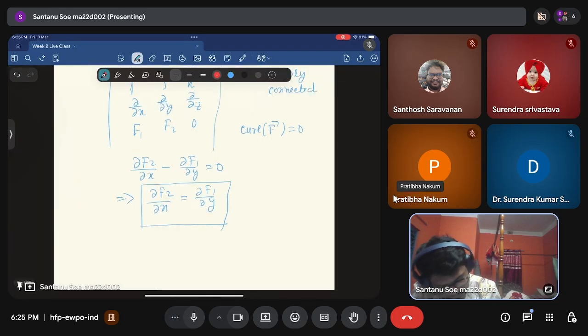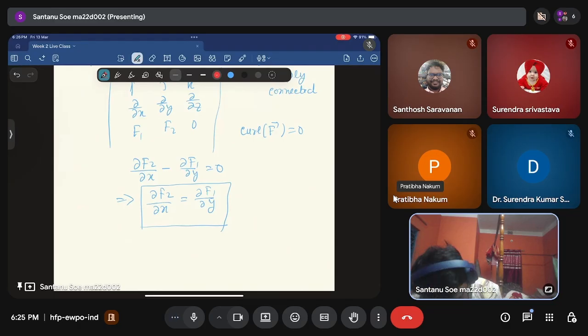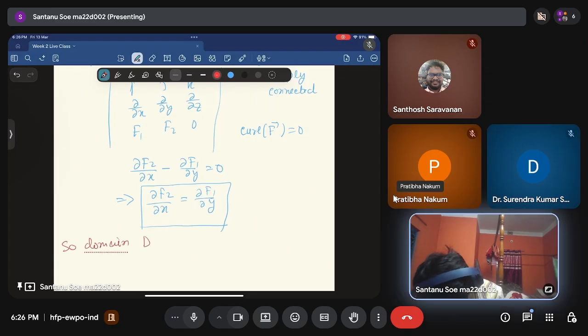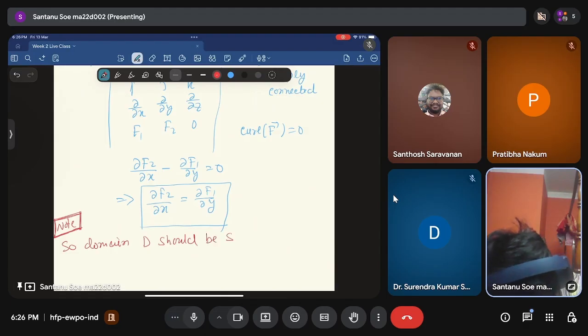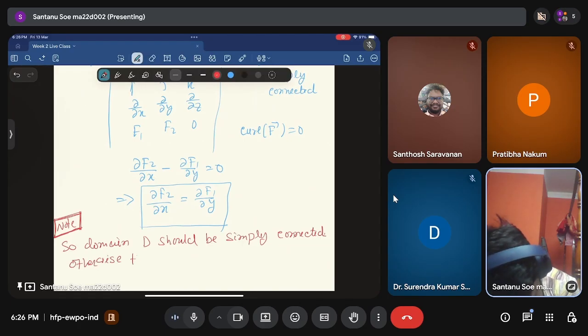Okay, so as a note, the domain D should be simply connected. Otherwise, the above result may not hold.